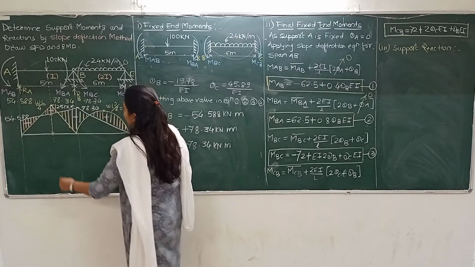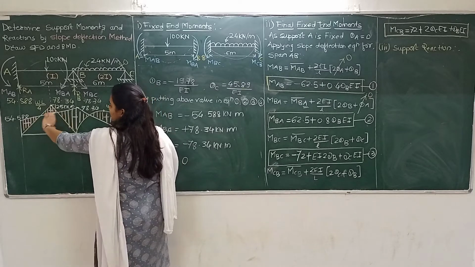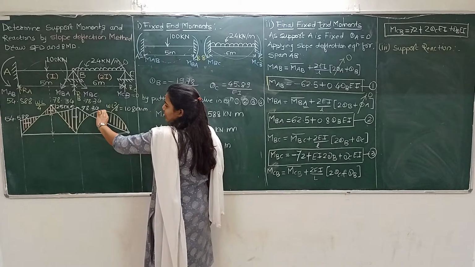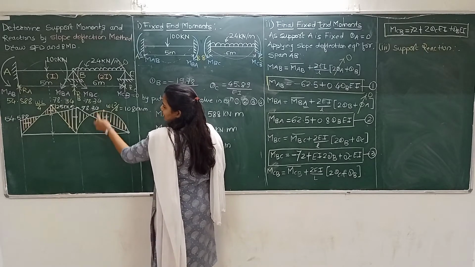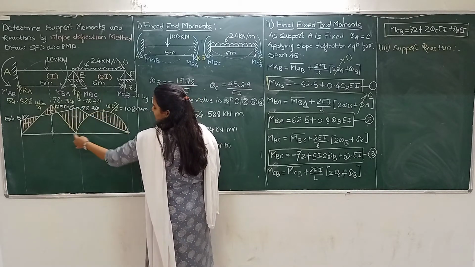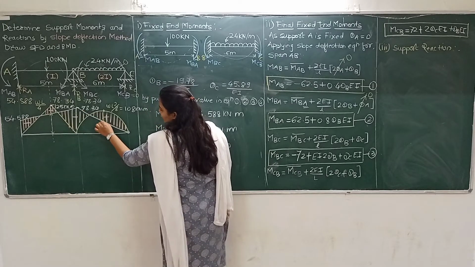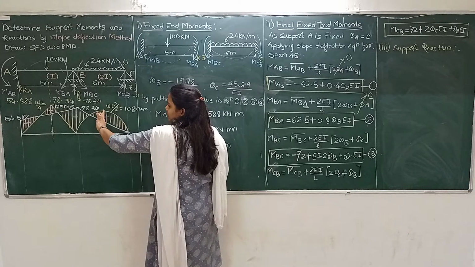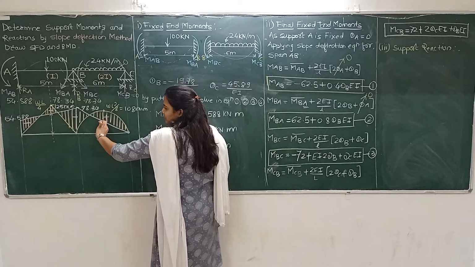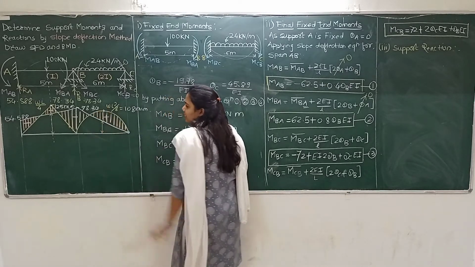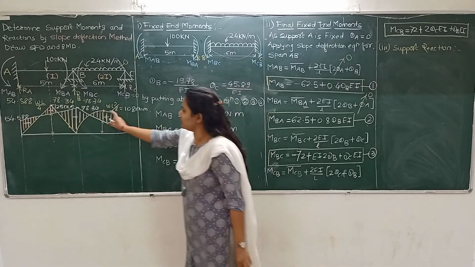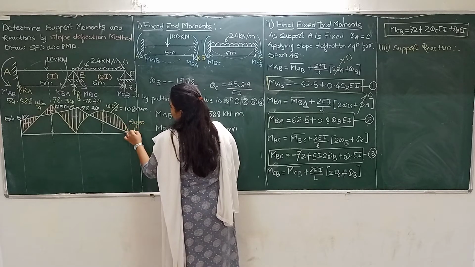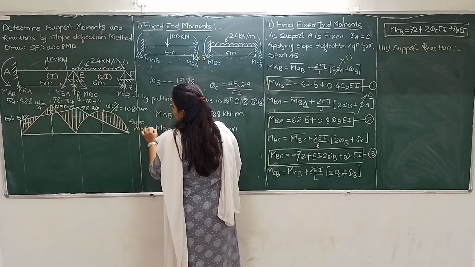Similarly, we can find the ordinate at this point by the similarity of triangles, and subtracting it from the total ordinate gives the net positive bending moment at this point. This is called the superimposed BMD.